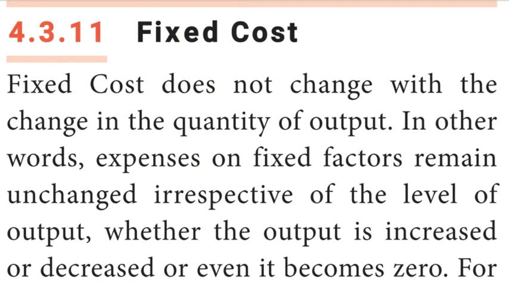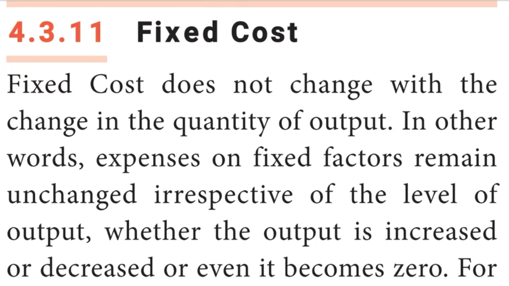Next, fixed cost. Fixed costs are those which are independent of output, that is, they do not change with changes in output. These costs are a fixed amount which must be incurred by a firm in the short run, whether the output is small or large. Here, fixed cost does not change with the change in the quantity of output.